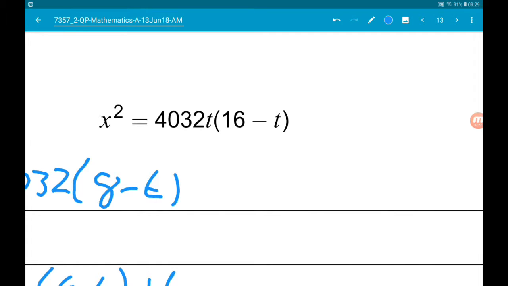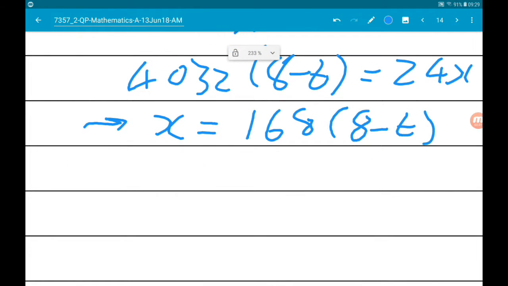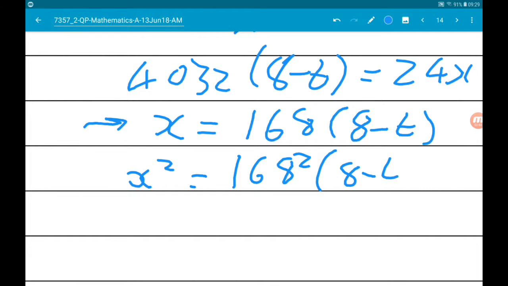So x squared is going to be all of the stuff on the right squared, so 168 squared times 8 minus t squared.